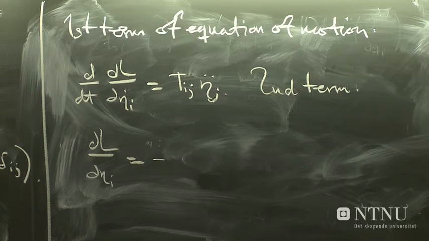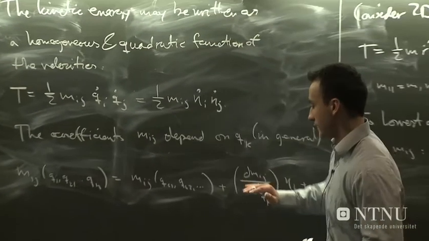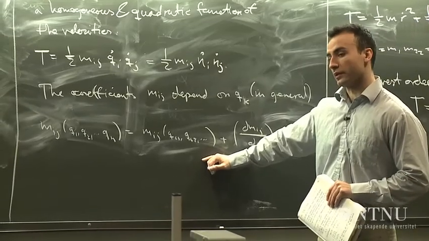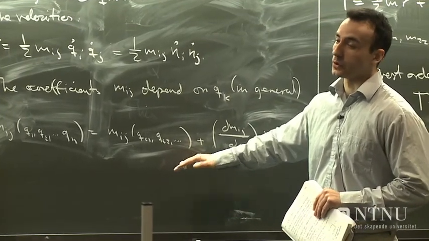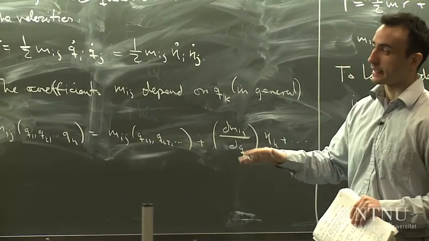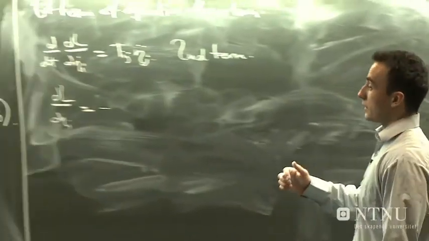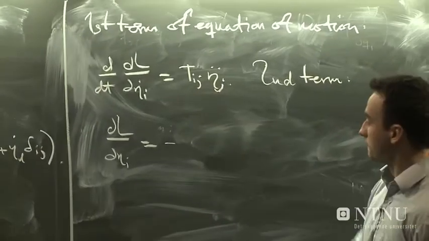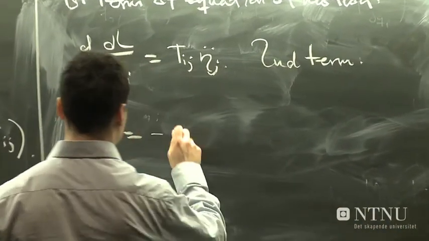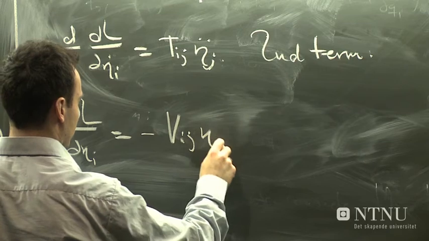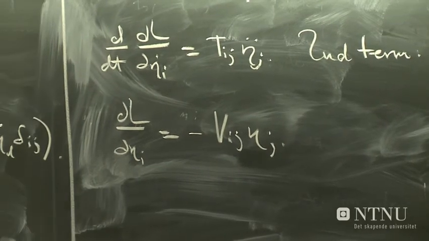Absolutely. But we assumed here that we only include this constant contribution to lowest order to make both the kinetic and the potential energy second order. So you're right, in general, you would get a contribution from Mij as well. And the second term becomes like this.